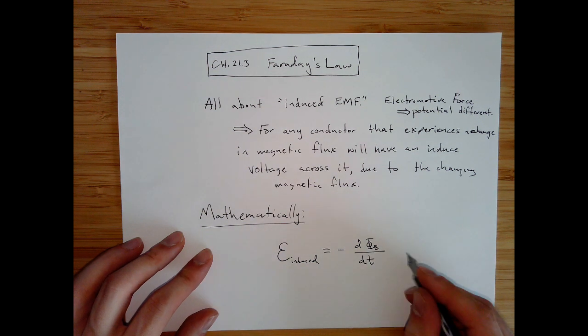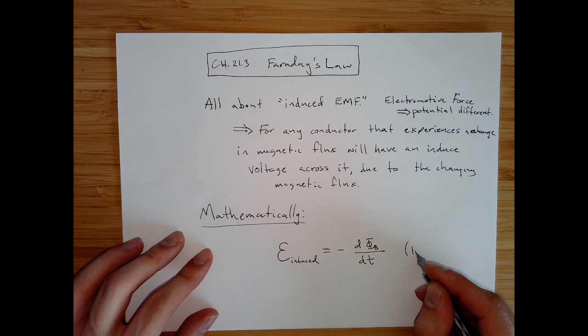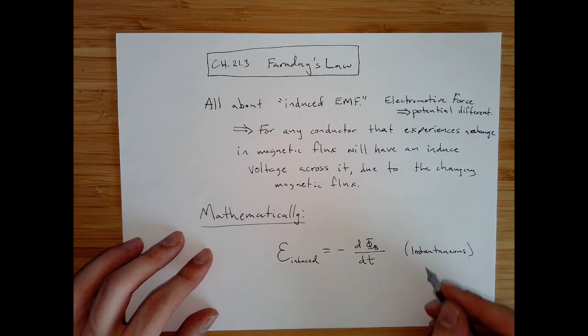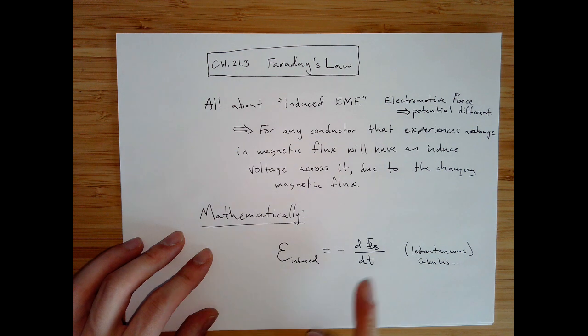Now you might note to yourself that this is the instantaneous, and we never work with this. This is calculus. So really it's using the time derivative of the magnetic flux in some area.